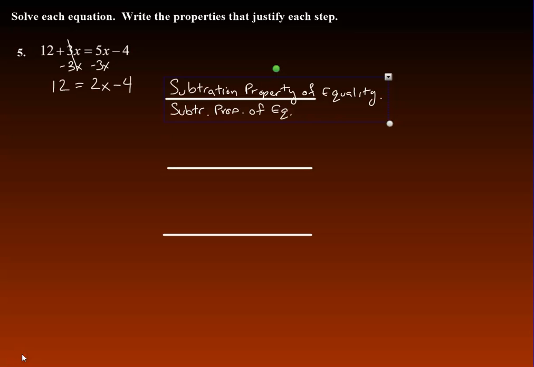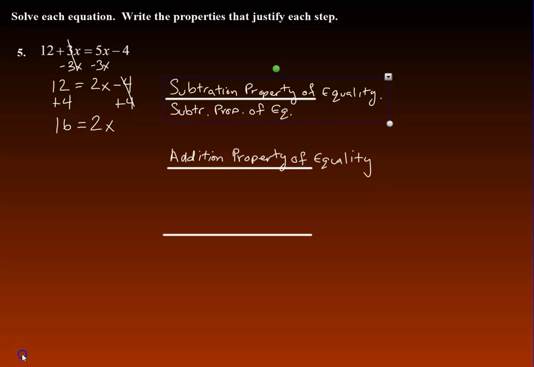So the next thing we want to do is get x by itself by adding 4 to both sides. The negative 4 and the positive 4 will then cancel, leaving me with 2x by itself, and 12 plus 4 is 16. And so this time we use the addition property of equality.